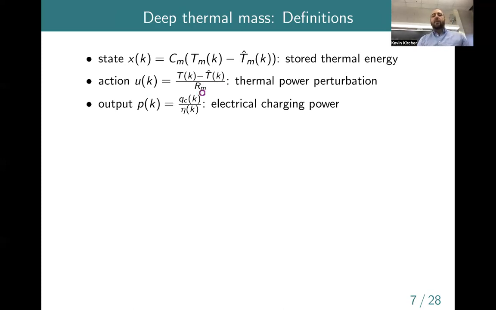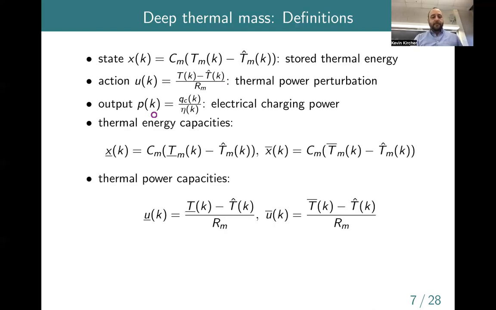And so dividing by R puts this temperature into units of power, because R will have units of temperature divided by power. And then the output looks just the same as it did in the previous shallow thermal mass model.